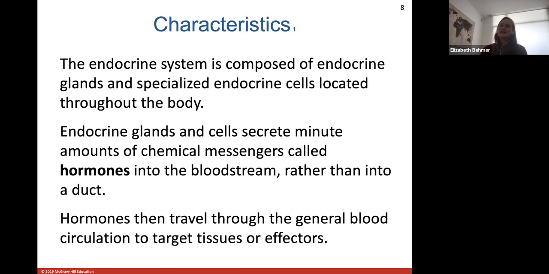Endocrine glands and cells will secrete minute, very small amounts of chemical messengers called hormones directly into the bloodstream. So that's what makes an endocrine gland unique, is that it secretes its messengers, hormones, directly into the bloodstream. And the blood acts as the highway of transportation for these hormones.